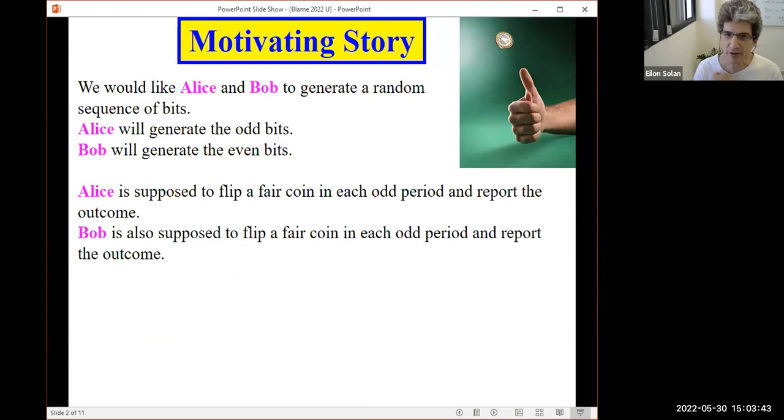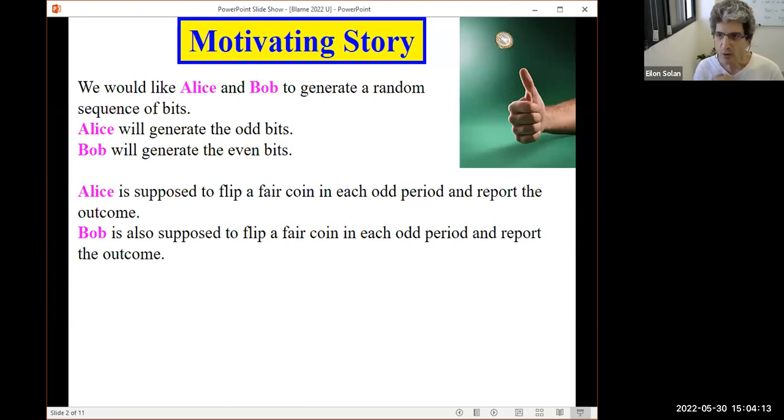Alice is supposed to flip a fair coin in every odd period and report the outcome of her coin. Similarly, Bob is supposed to flip a fair coin in each even period and report the outcome of his coin.